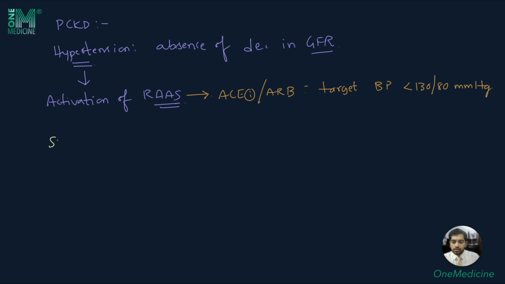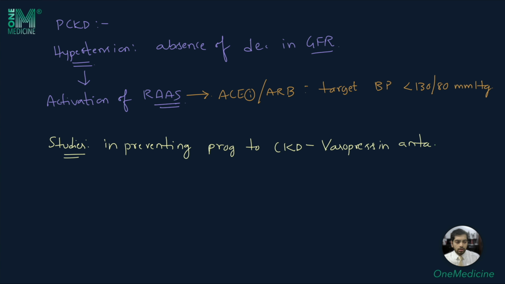Treatment under studies for autosomal dominant polycystic kidney disease in preventing progression to CKD are vasopressin antagonists, somatostatin analogs, and cell proliferation inhibitors.